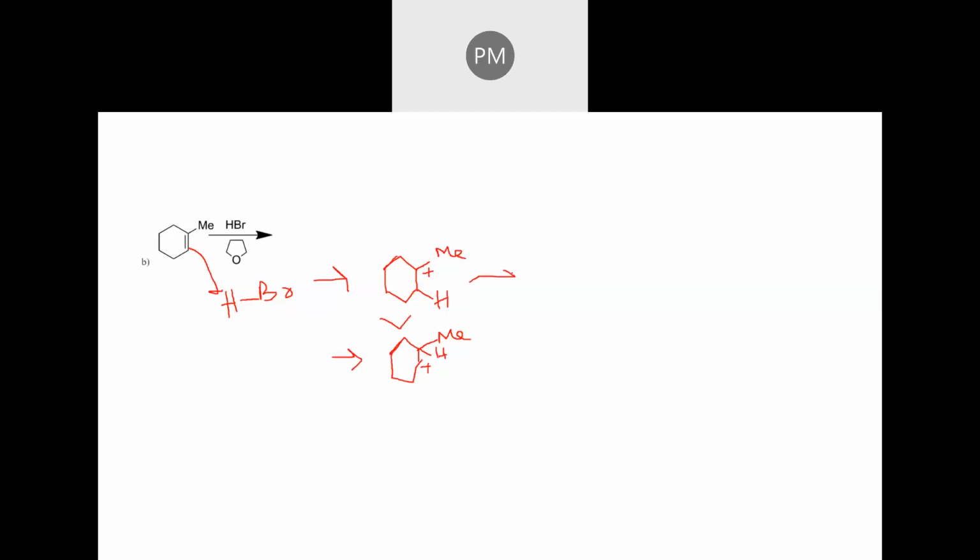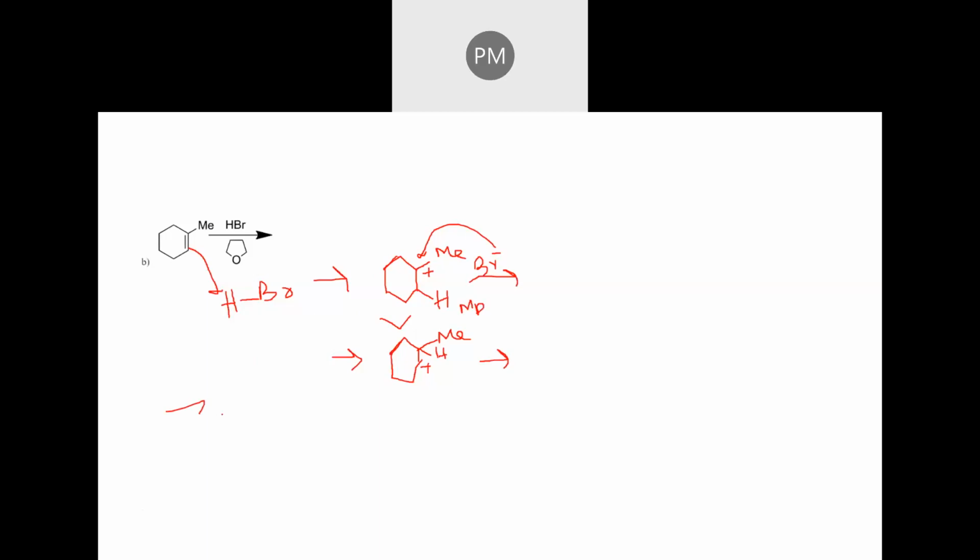So what are the products? Now Br minus attacks here. Br minus also attacks from two faces, the upper face and the lower face. The above one is the major product because of the stability of the carbocation. So what do we have to remember?